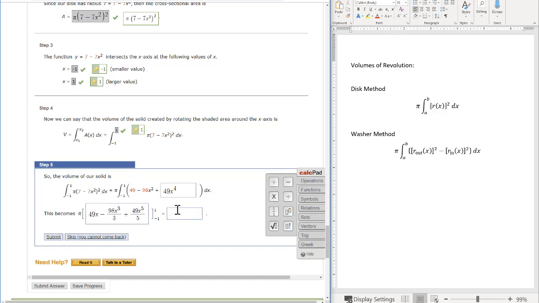So now they want us to compute this by putting 1 and -1 in. This looks like it's going to be a lot of arithmetic work when we put 1 in and -1. So I'm going to call on some help here with Wolfram Alpha.